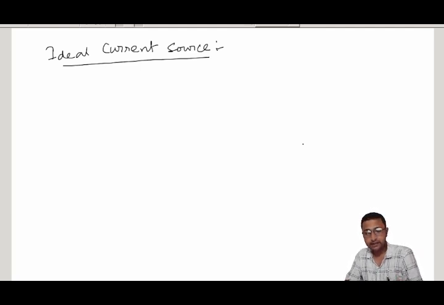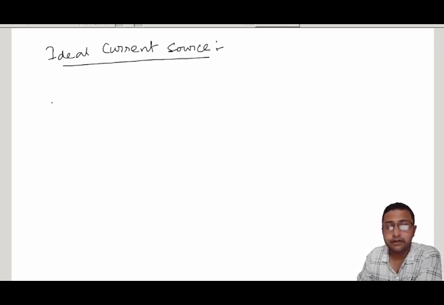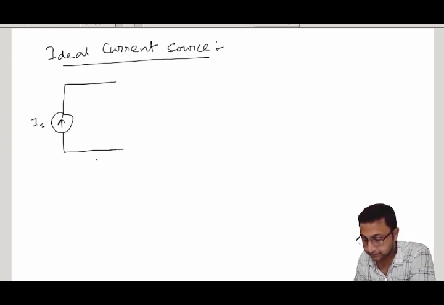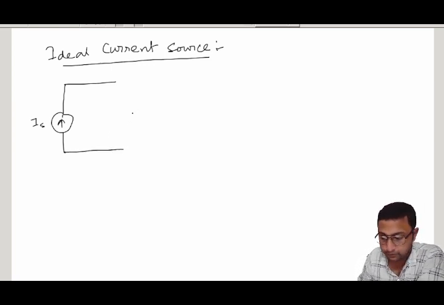But in the case of an ideal current source, which has infinite internal resistance, the resistance is always connected in series with the voltage source and in parallel with the current source, not in series with the current source. So suppose this is a current source supply Is, and this is the output terminal, so this is the load current.